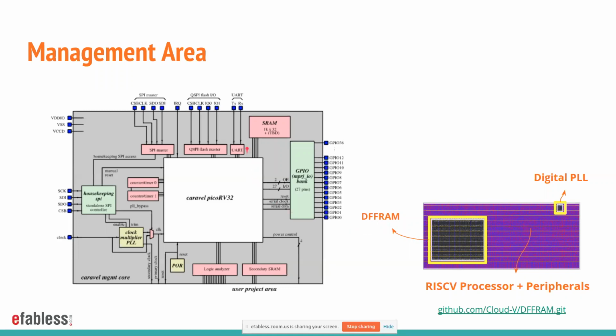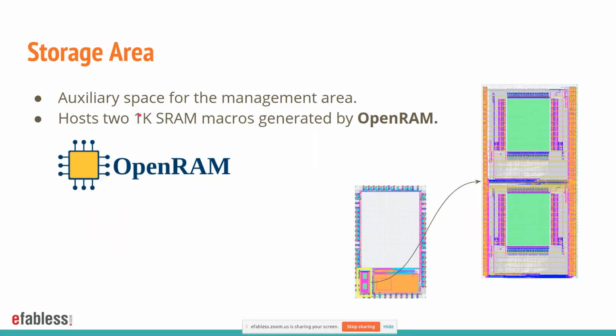And there is also a secondary memory, an SRAM memory, which resides in the storage area. The storage area contains an auxiliary space for the management area. Currently it is only accessible by the management area, and it hosts two 1K SRAM blocks, which were generated by the OpenRAM memory compiler.